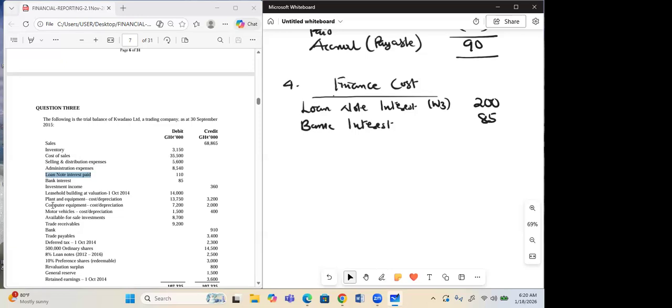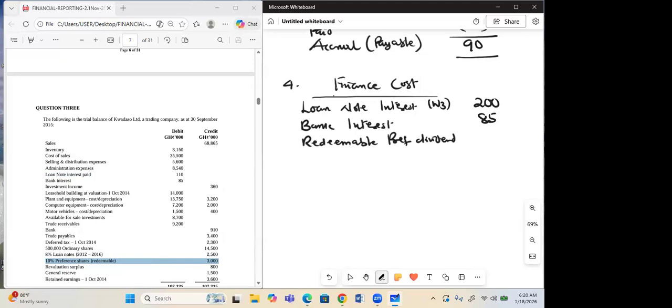Is there any other interest? No. Then we have 10% preference shares. Now they've told us it is redeemable. So you know redeemable preference shares, the interest on it is finance cost. Is that right? So you say redeemable preference dividend.